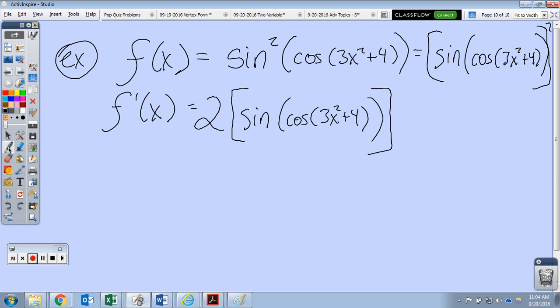Okay, this drops down one, times the derivative of the inside, which is chain rule again. The derivative of sine is cosine.